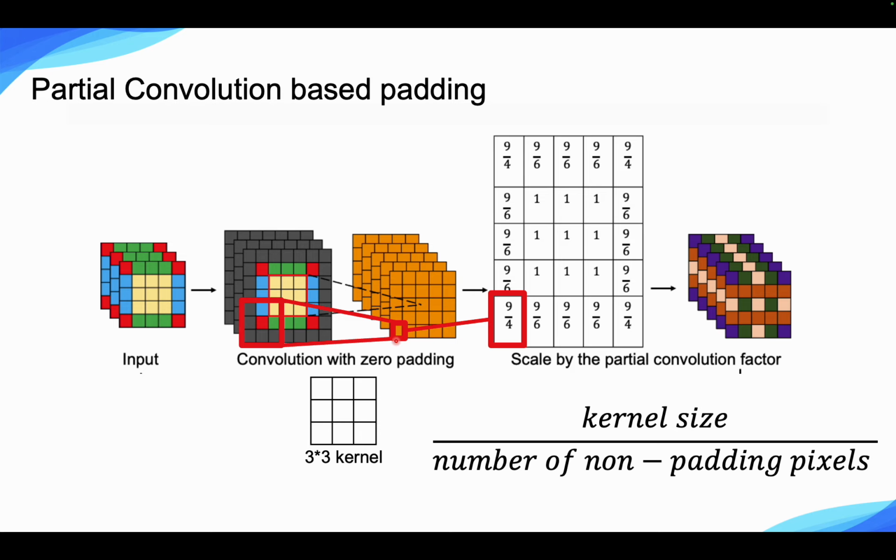It is simply the kernel size divided by the number of non-padding pixels. For example, if we use a 3x3 kernel, the kernel size is 9, and the number of non-padding pixels is 4. So the scaling factor is 9 divided by 4. So after the convolution with zero padding, you multiply the value by the scaling factor. This is the idea of partial convolution-based padding.